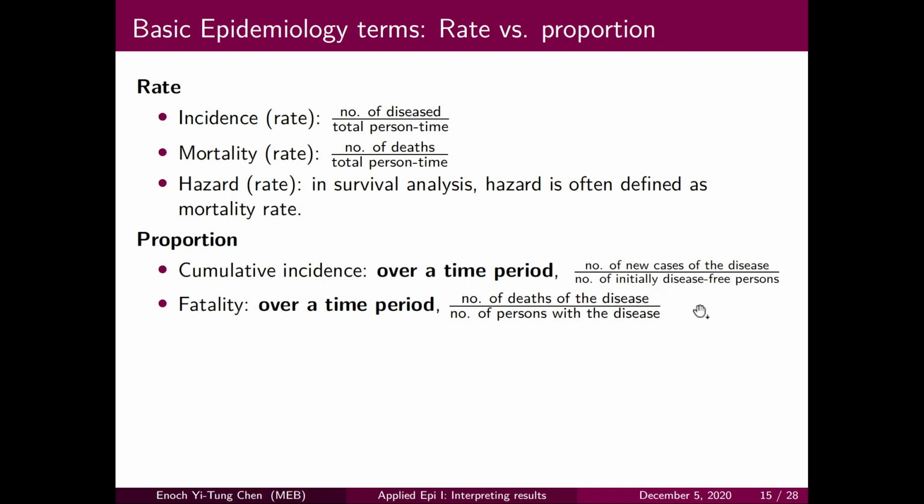Let's take a COVID example. Over 10 months, the fatality of COVID patients in Sweden was around 3%. You might want to recall what would happen if you don't specify the time period.